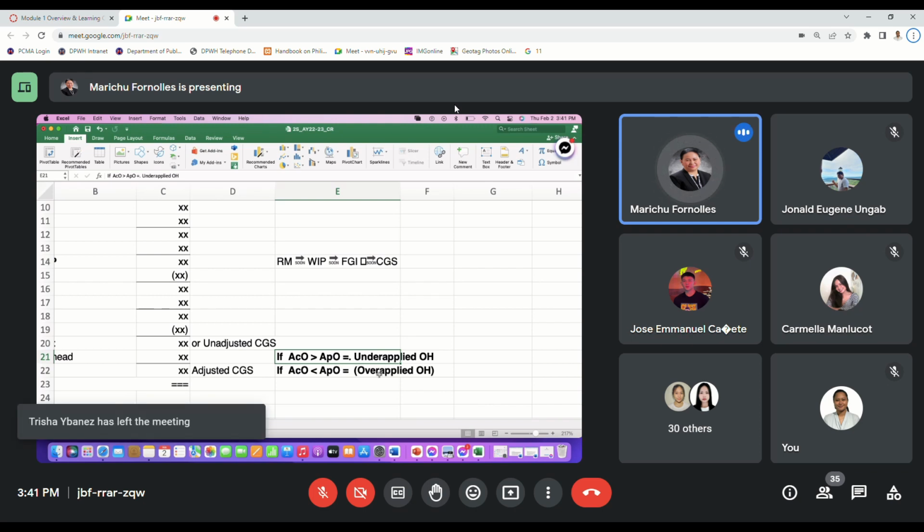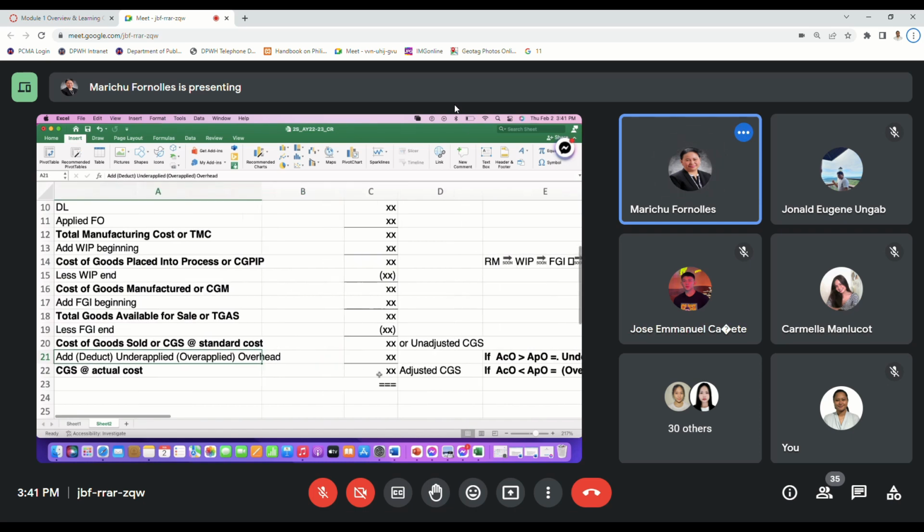So the overhead applied to production is greater than the actual overhead incurred for the period. That is why the excess, that negative amount, represents your over applied overhead, which is to be deducted from your unadjusted CGS.